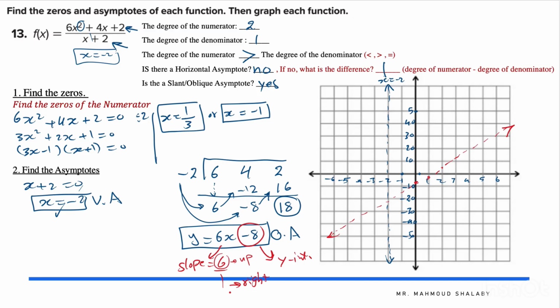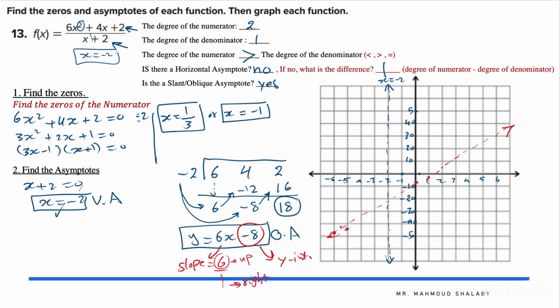If you want to graph it on a draft paper, like what I do here: negative 6 and negative 48, it will be somewhere before 50, right here. Negative 5 and negative 44, so it will be somewhere here.